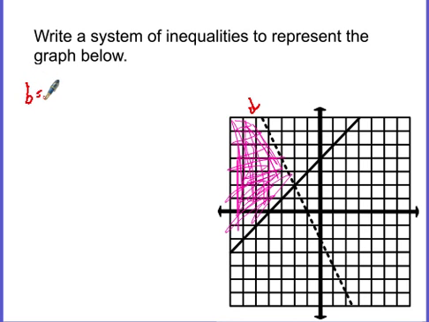Y-intercept and the slope. So the y-intercept is -2, and the slope is up 2 over 1, and it's positive or negative? It's a negative. So we've got -2x minus 2.